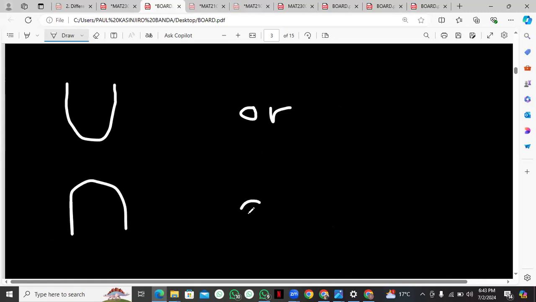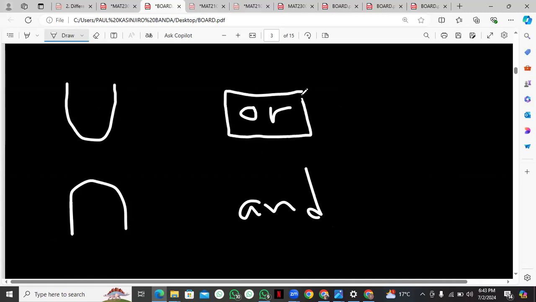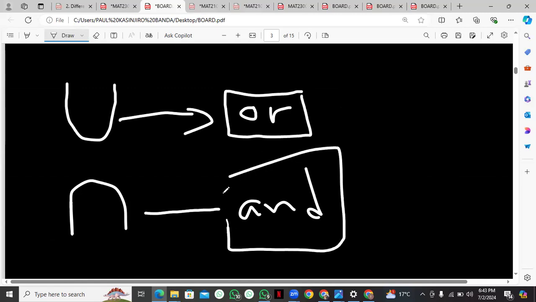Oh, okay. I was saying the union is related to the word or, and the intersection is the word and. So in the question where we had or, we are replacing it with the union, and where we had and, we are replacing it with the intersection. You've gotten it? Yes, understood. All right.